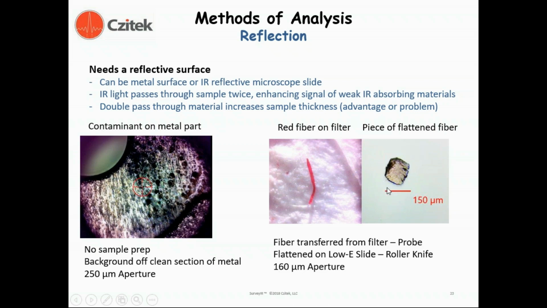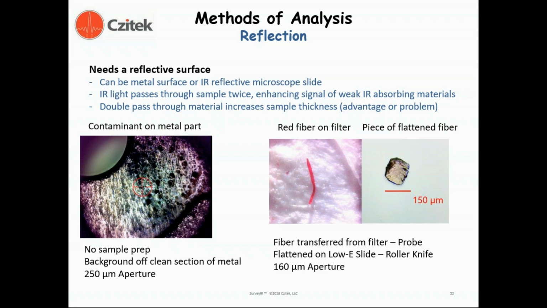So now we're observing the specimen in transmitted light, bright field illumination, but we flattened a portion of this fiber out, and now we're able to measure it with reflection on this Lowy glass substrate as we observe the sample in transmitted light illumination. I should say that the Lowy glass substrate is an advantage over some of the more cost-effective infrared substrates.